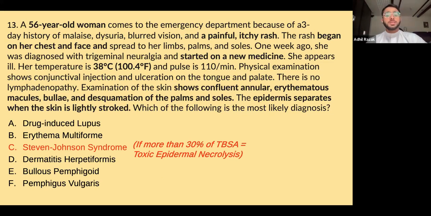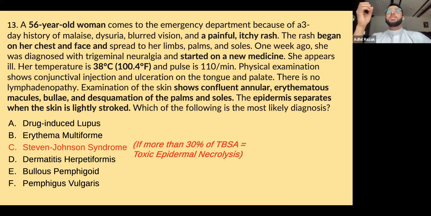And the drugs that cause this are usually neurological medication, like I mentioned, including carbamazepine, phenytoin, lamotrigine, valproate, pretty much the epileptic patients. The vignette could describe a patient with epilepsy, and they might not even mention that they are taking this medication. It's just, okay, patient with epilepsy showed up with macules, bullae, desquamation of palms and soles.